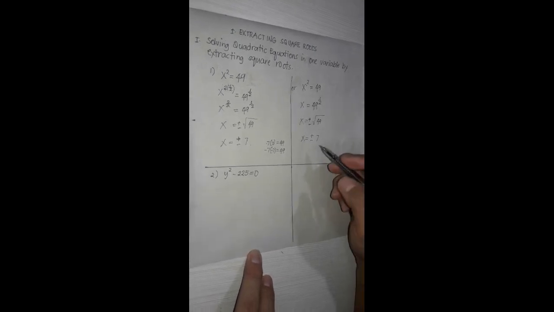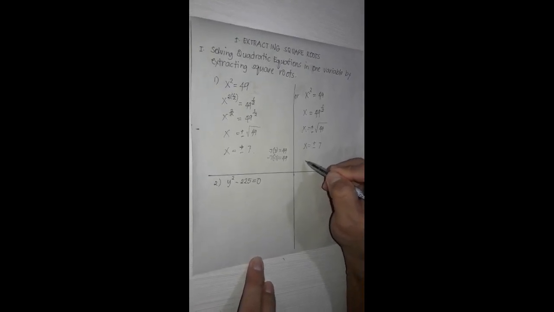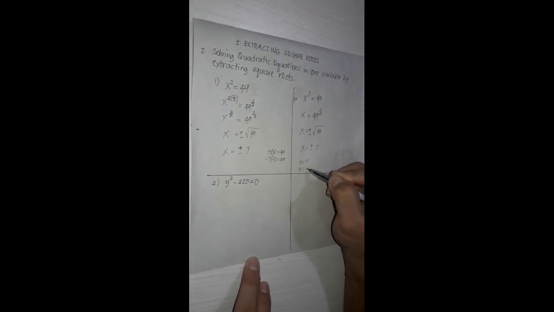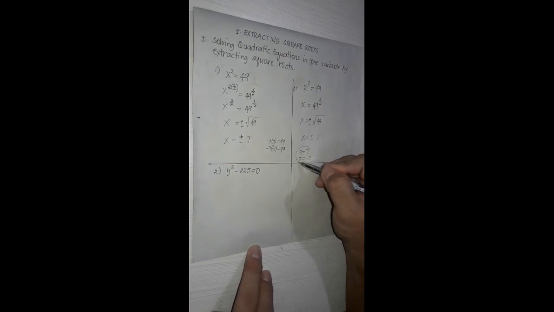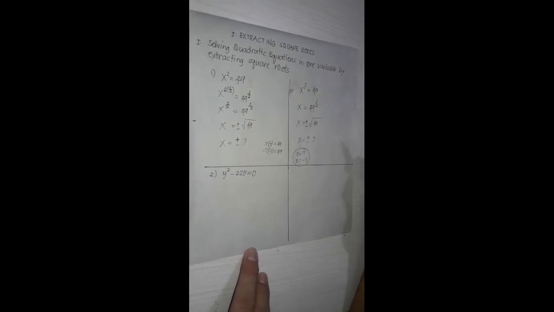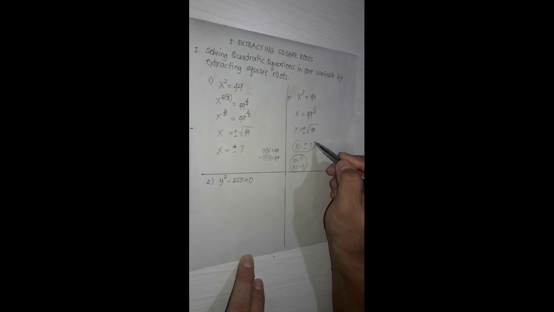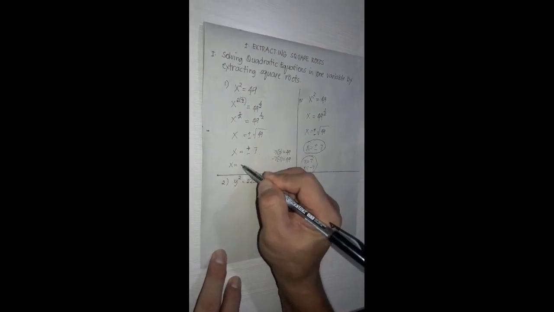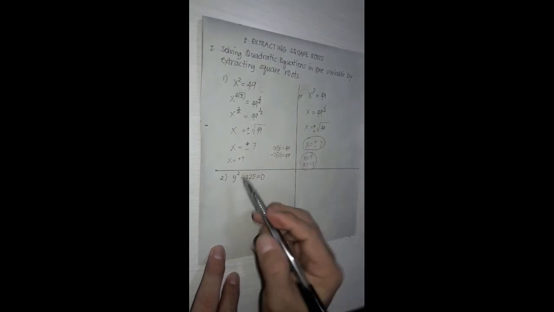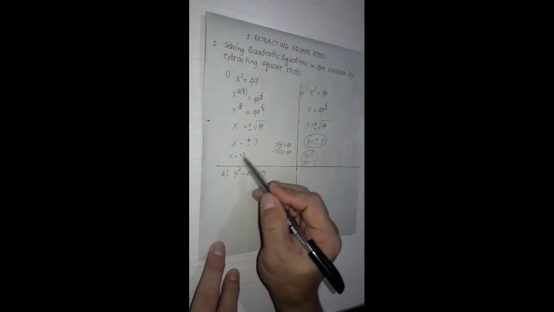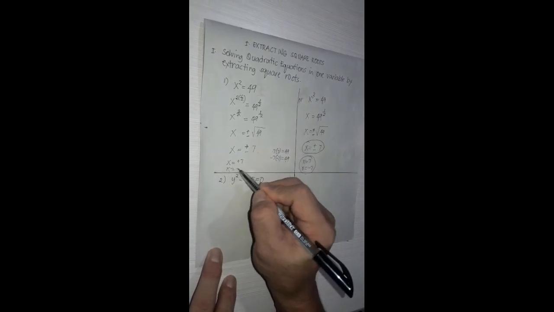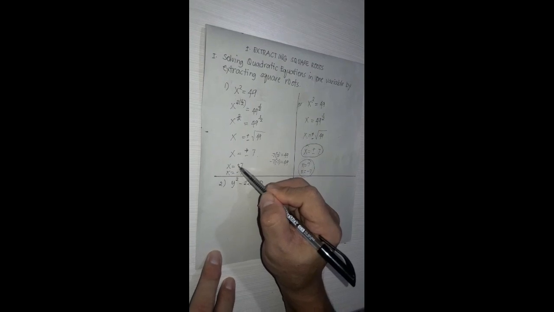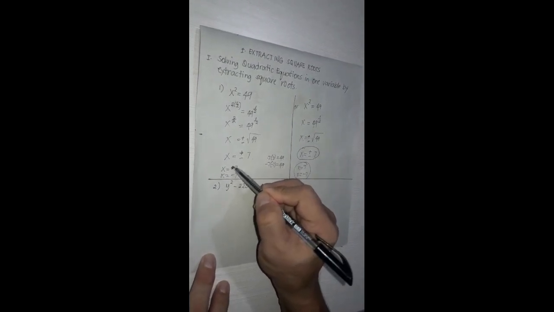So you can also write x is equal to 7 and x is equal to negative 7. You can have this one as your final answer, or you can have this one as your final answer. In here, you can also write x is equal to positive 7, or without using positive, x is equal to negative 7. Okay, without writing the positive sign here, this is okay.